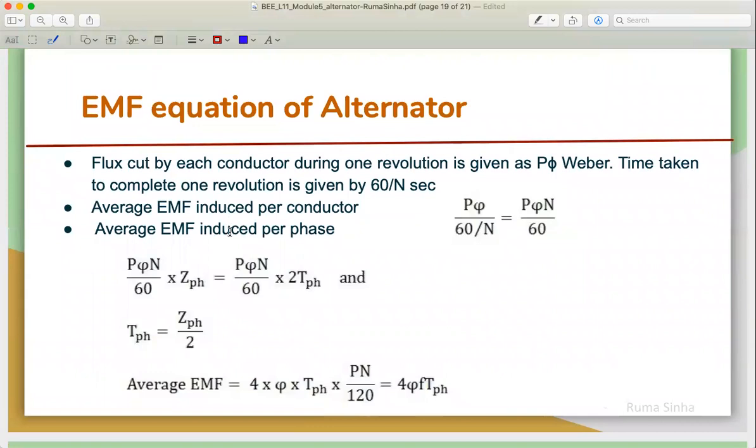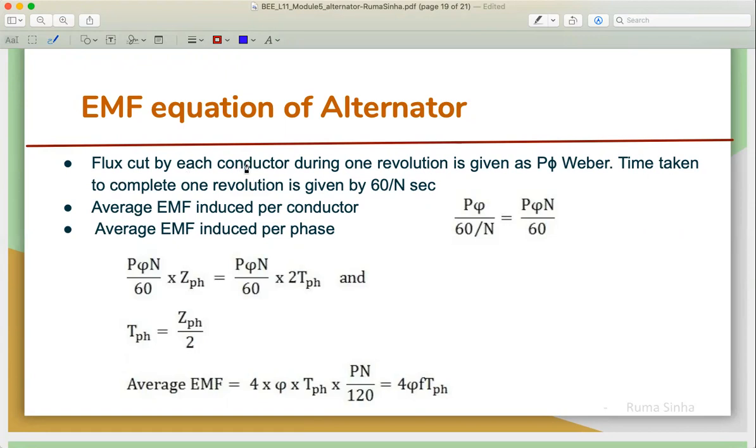How do we derive this EMF equation? Basically, we can say that there are P number of poles, and phi is the flux per pole, that is, the flux produced by each pole is phi. If I take one conductor placed in the stator, what is the total flux that this conductor will cut in one complete rotation?